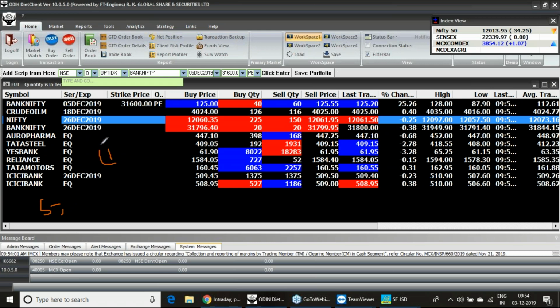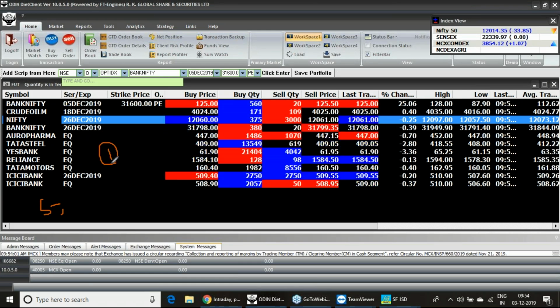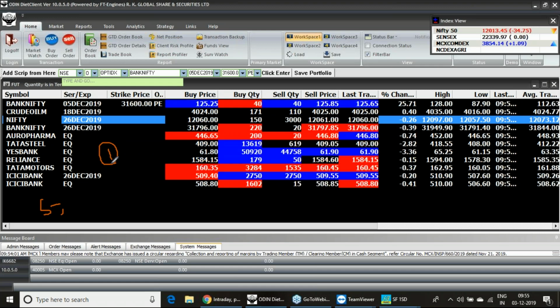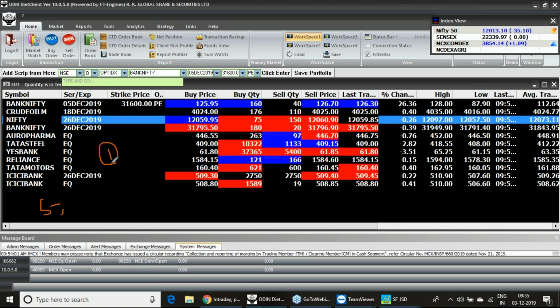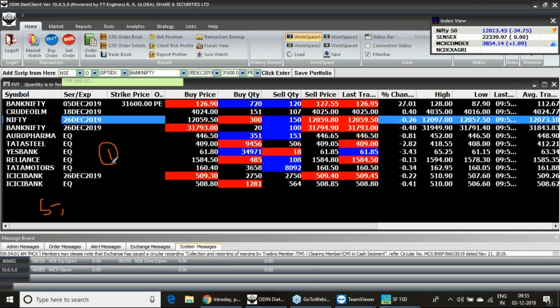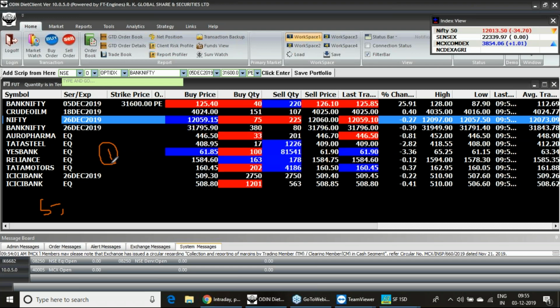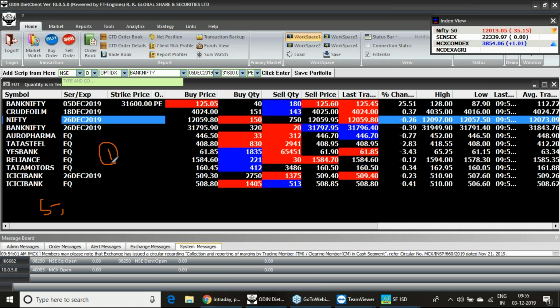For 1 hour we are waiting. Neither we got a target nor the stop loss has hit. If stop loss has hit, we have to close the trade, we can reverse the trade. If stop loss is not hitting, we should get the target. If neither the target has come nor the stop loss has hit, what should you do?